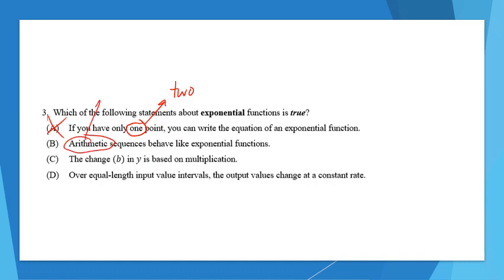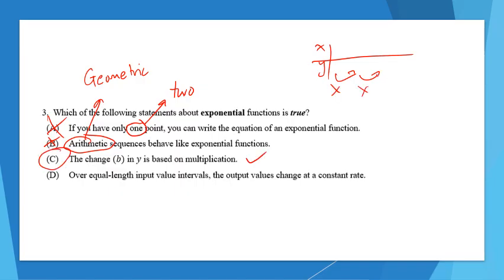This should actually be geometric. So B is false. C, the change in y, right? You're changing your y values. If you have an xy table, for example, your change in your y values is going to be based on multiplication. That is true for exponential functions. So C should be our answer.